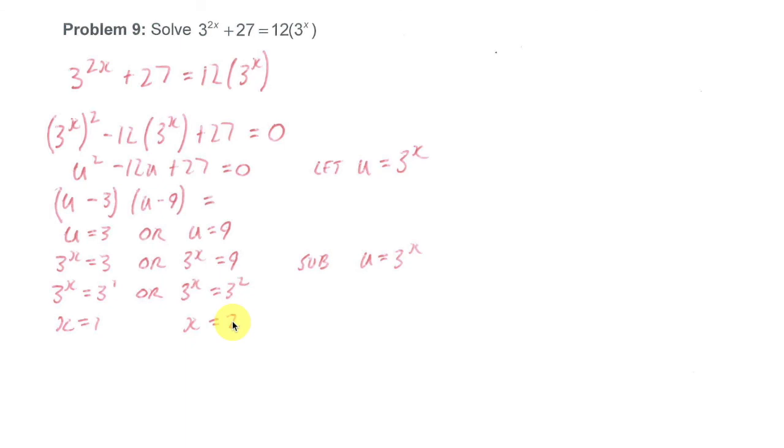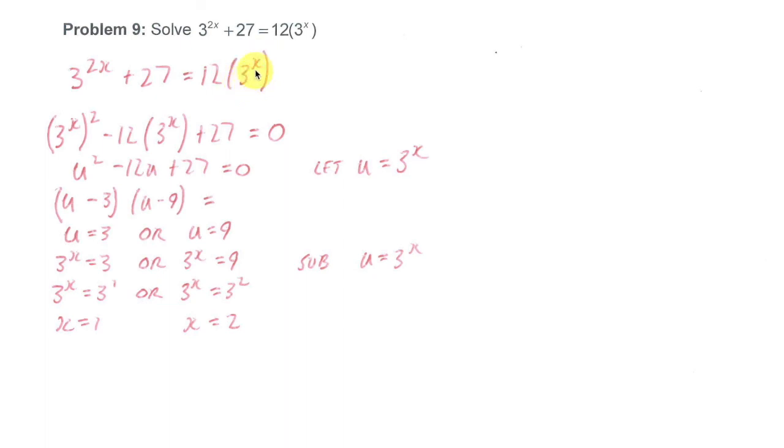So the key to it is to recognize that I've got this 3 to the power of x. It's similar to what I started with here. I can manipulate that so it's 3 to the x all squared, and that's the same as this, and therefore I can make the substitution. These are very specific, so when you do see problems like this, the key is to look at it and say, oh yeah, I've got this number and then I've got this base to something with the variable x.